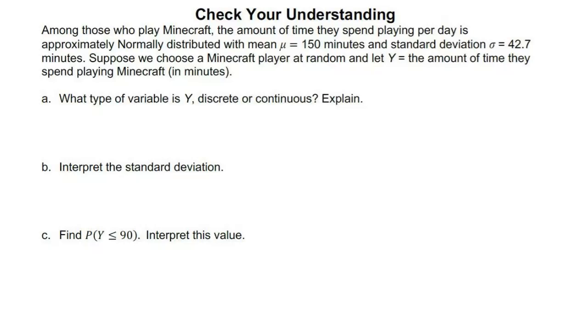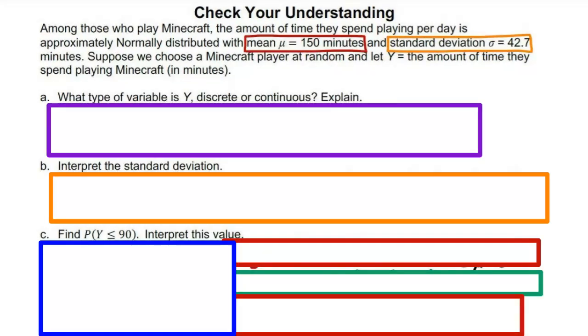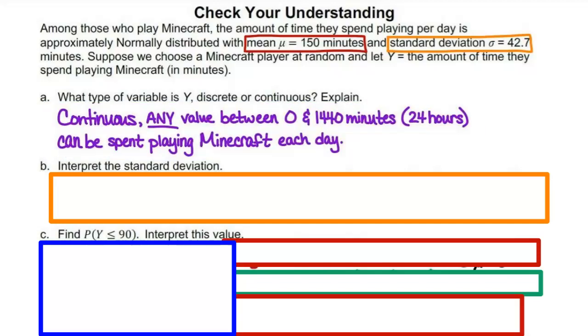It can take on any of these values. If it can take on any value, it's a continuous random variable. If it can only take on specific predetermined amounts, then it's a discrete random variable. So it is continuous. Any value between 0 and, in this case, 1,440 minutes, 24 hours, because we're looking at how long they play in a day.